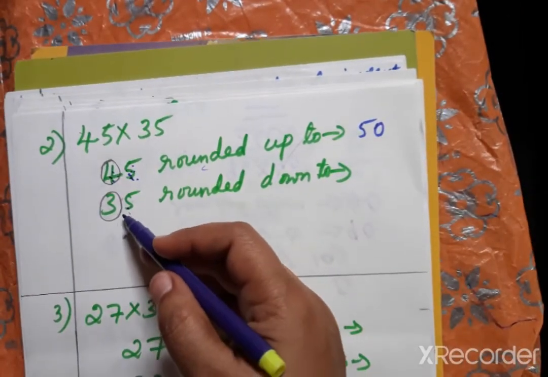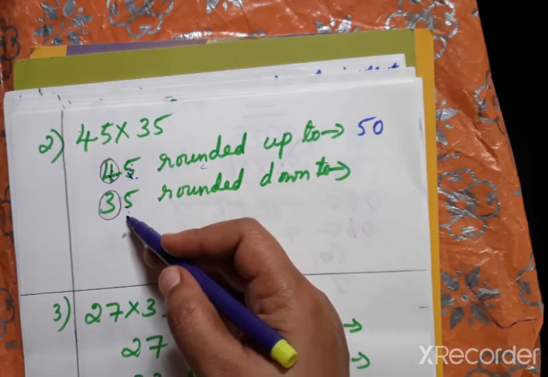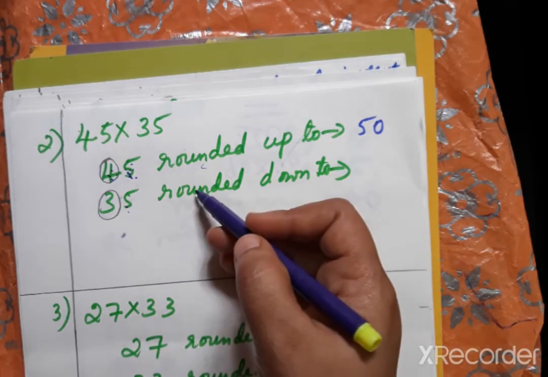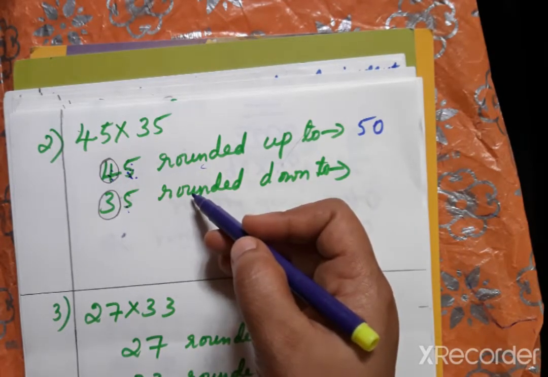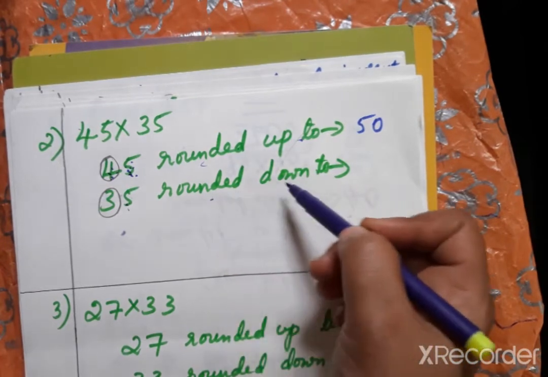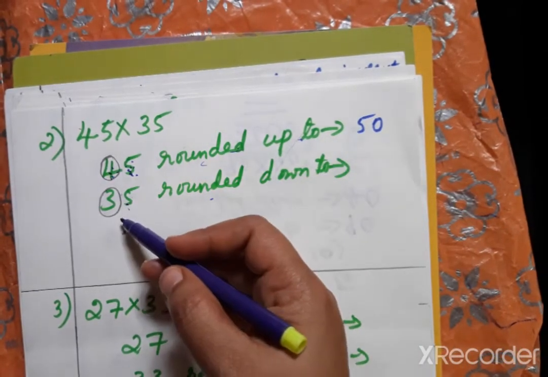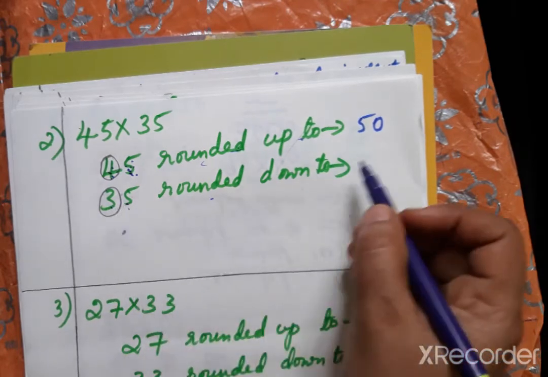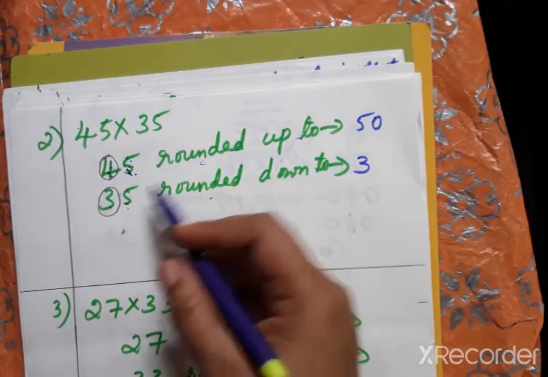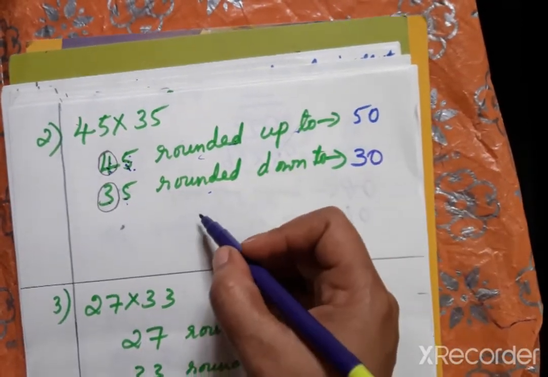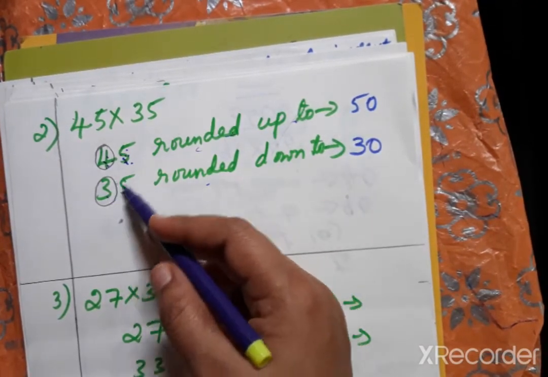Then here also, according to the rule we have to round it up, but in the question it is particularly mentioned, one we have to round up, another one we have to round down. So here one is already rounded up, so next we have to round it down only. So 3 stays as it is, and once the door is knocked that will become poor. So 35 will become 30.